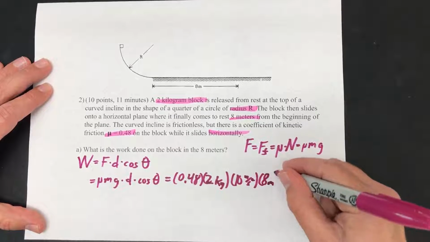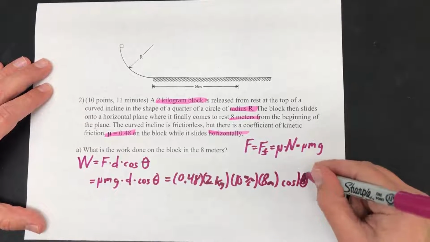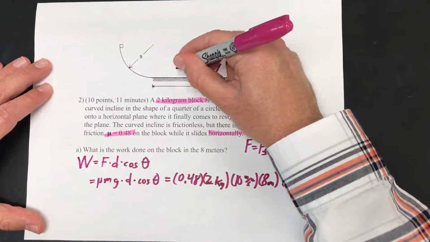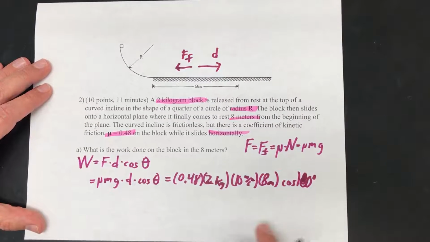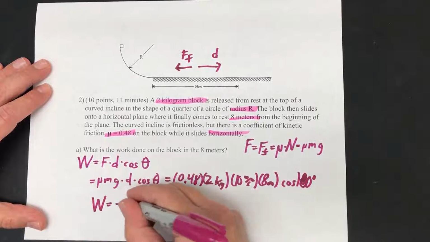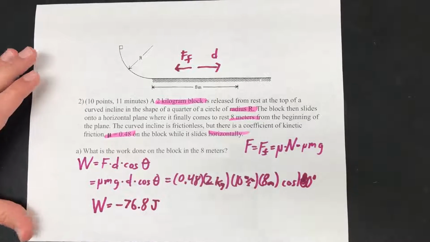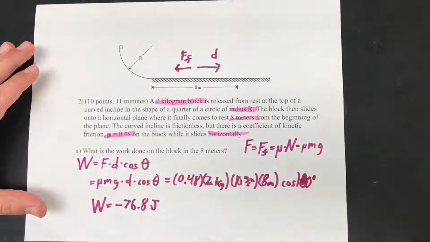The distance is 8 meters, and the cosine of the angle between the two is 180 degrees, because it will slide this way, but the force of friction will be back that way. If you put all those into your calculator, you should get the work is equal to negative 76.8 joules. It makes sense that it's negative because we took away the energy from that block because we slowed it down there.